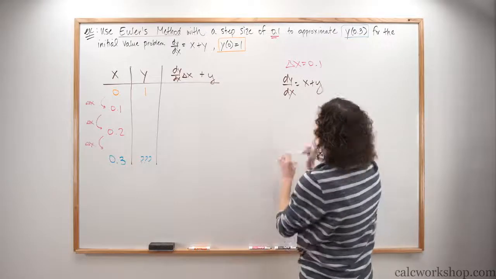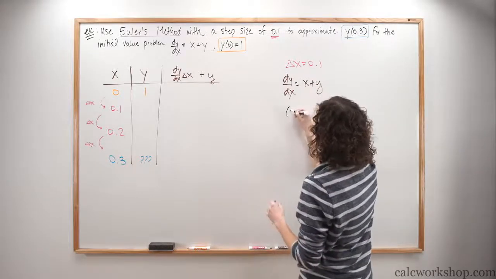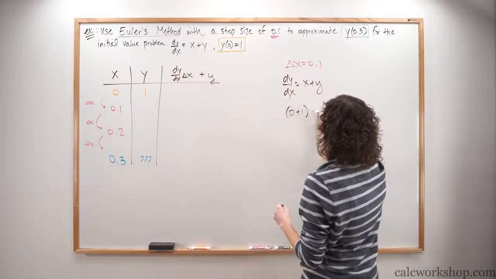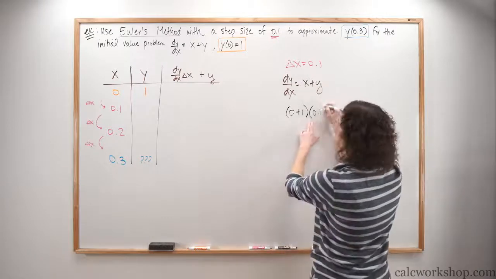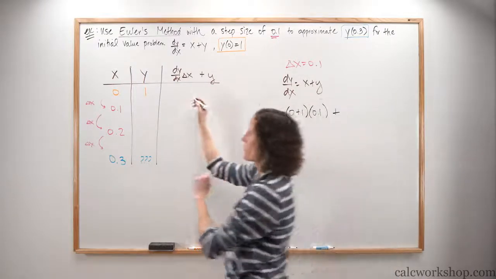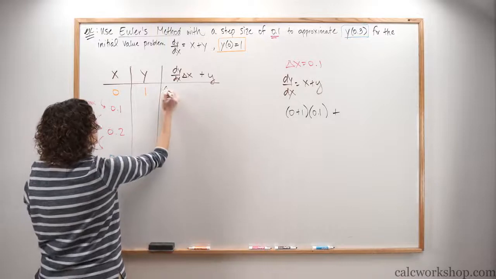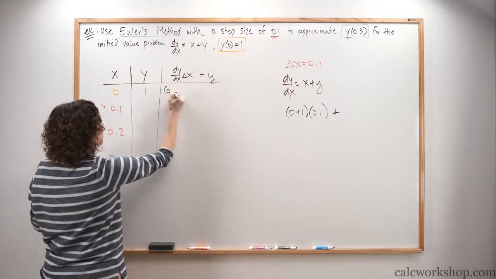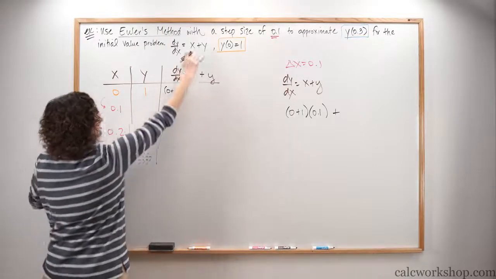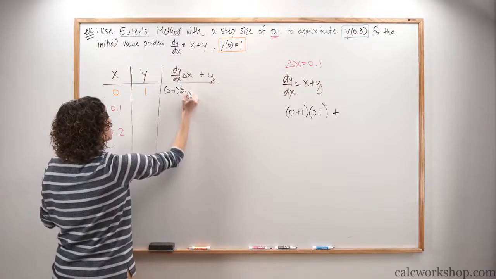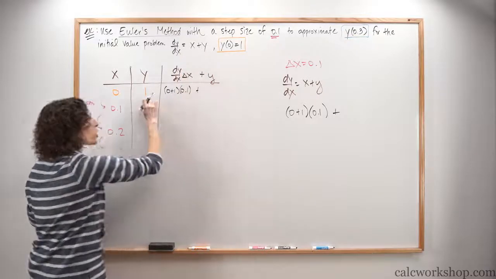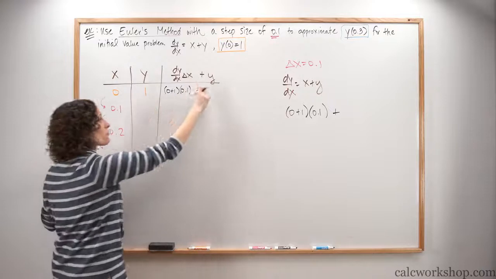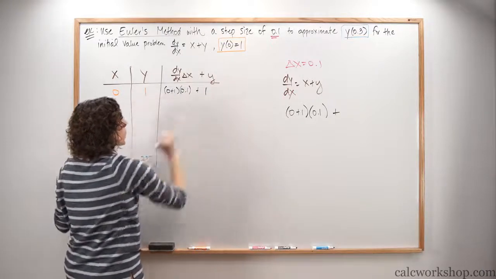So that means we have 0 plus 1 times 0.1, and then plus, and I'll put it in over here. So dy dx, we're going to plug it into 0 plus 1, because here's our x and our y. Our delta x is 0.1. And what is our current y value is what it's asking for. The current y value is 1.